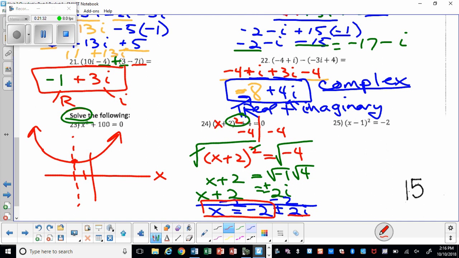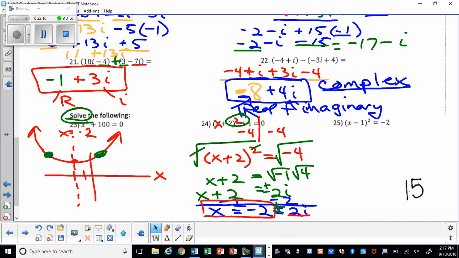And x equals -2 is the axis of symmetry, and then you're going to have an imaginary root to the right and an imaginary root to the left. That's why you have the plus or minus. You have one solution to the right and one solution to the left. But they're not real solutions, okay? They are imaginary solutions. All right, excellent.